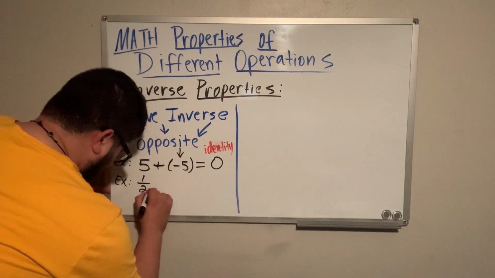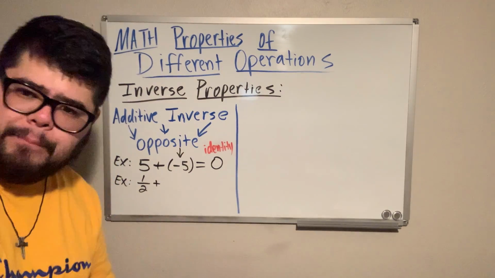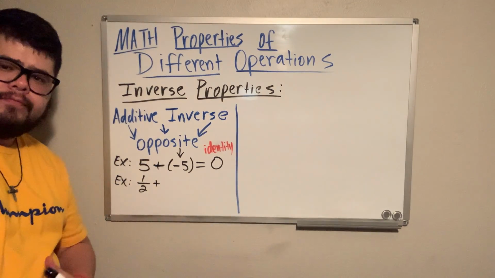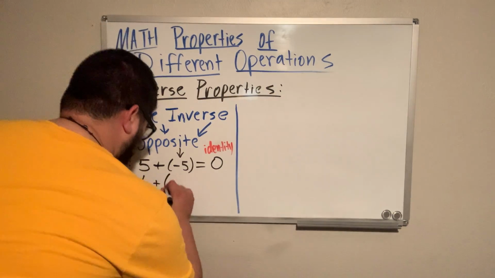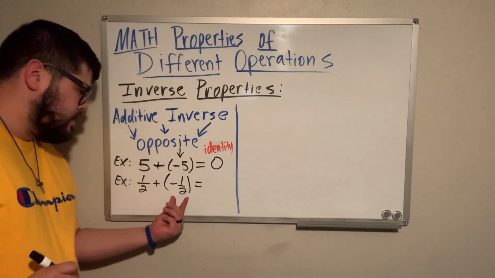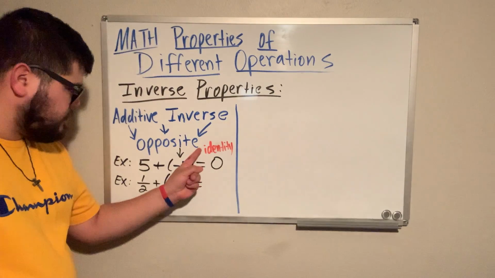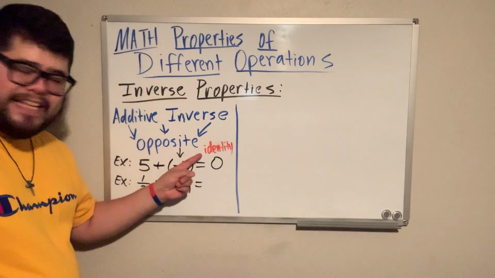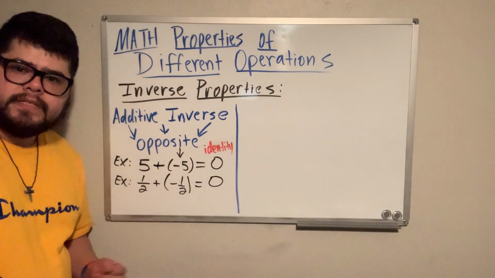Now, next example is 1/2. What is the additive inverse or the opposite of 1/2? Negative 1/2, right? So we're going to have negative 1/2 as our additive inverse. Now, 1/2 plus negative 1/2, what should we get? The identity, the additive identity, which is 0, right?